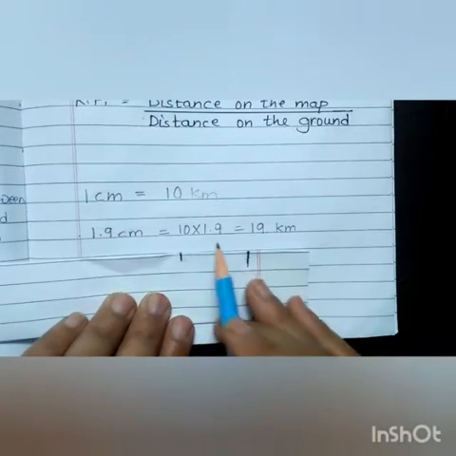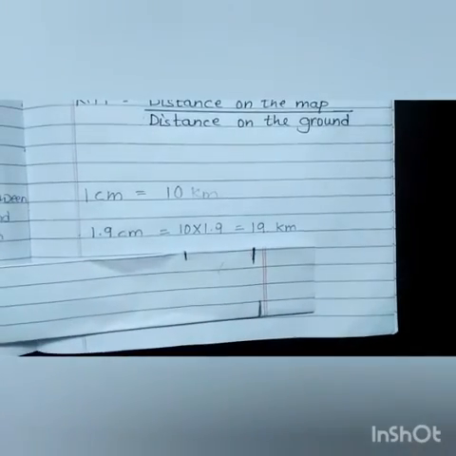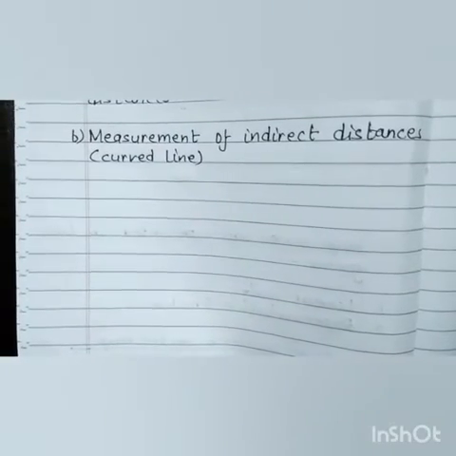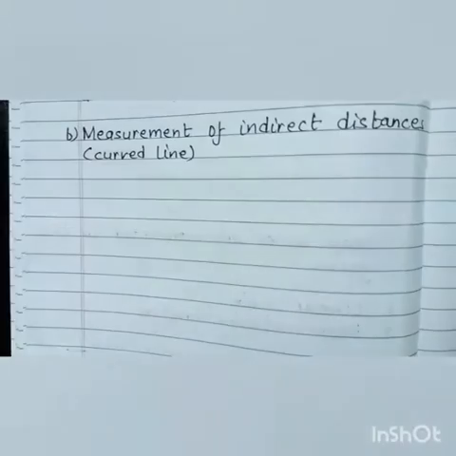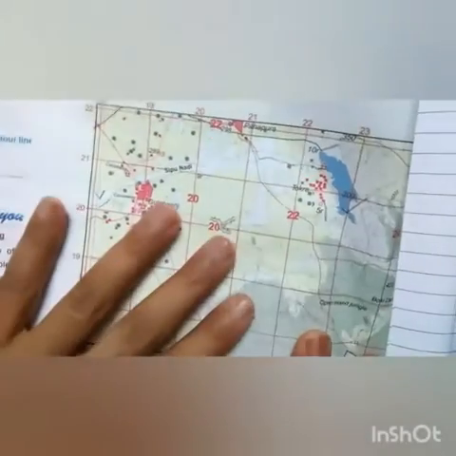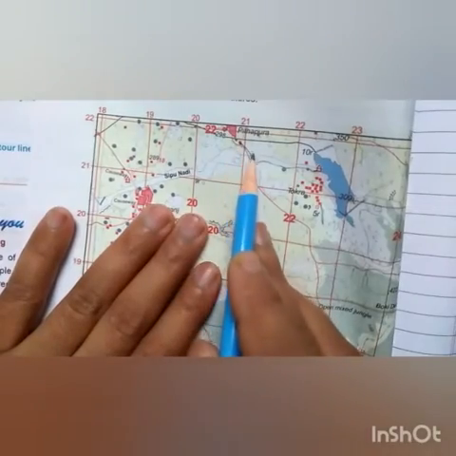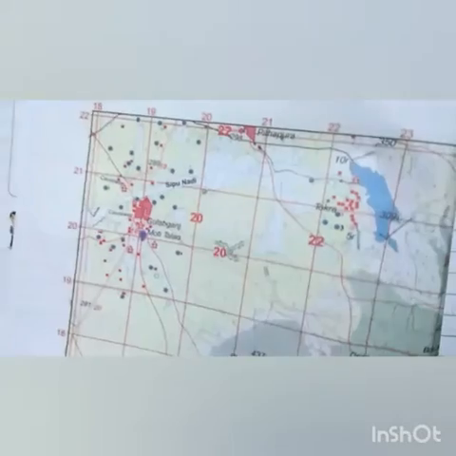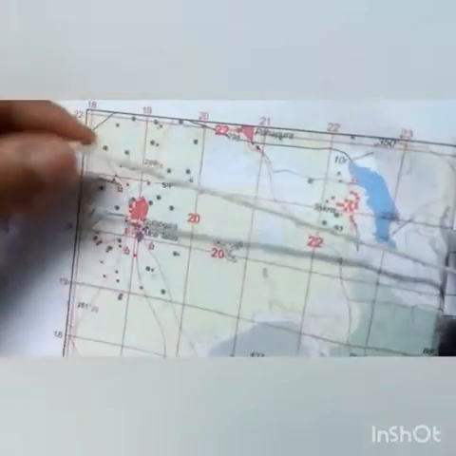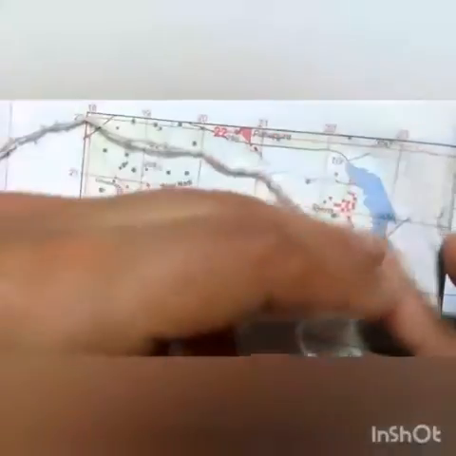We did the straight method. Now next one is measurement of indirect distances, a curved line. Like here, a curved line. For measuring it, we have to take a thread.